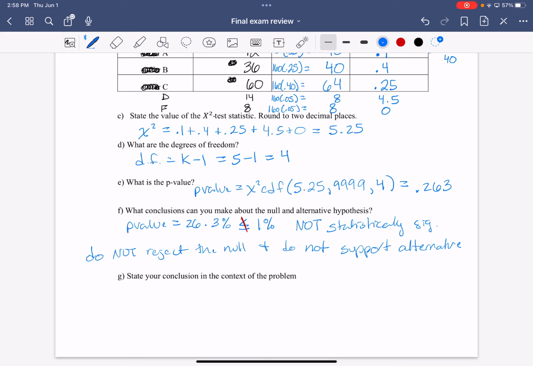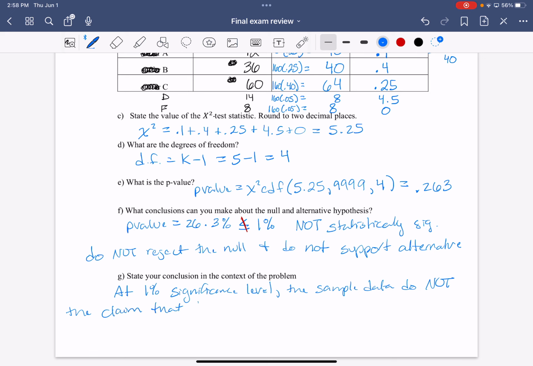Part G, state your conclusion in the context of the problem. At 1% significance level, the sample data do not support the claim that, and what was the claim?